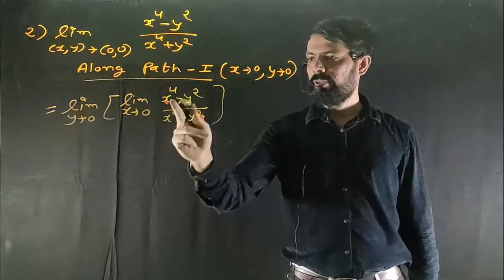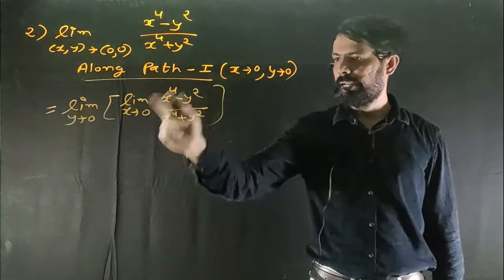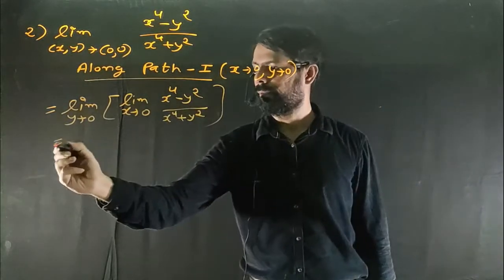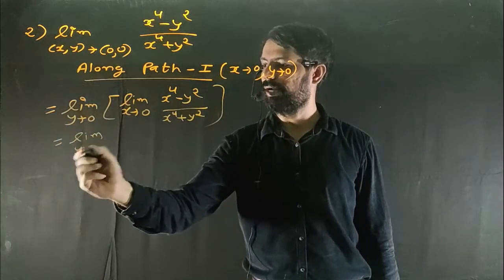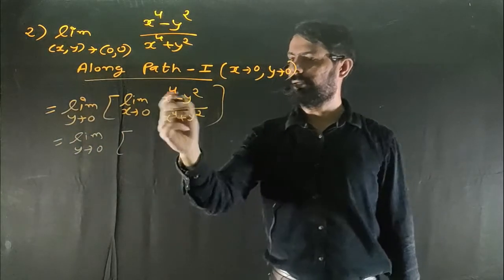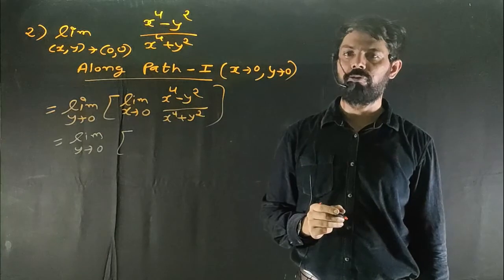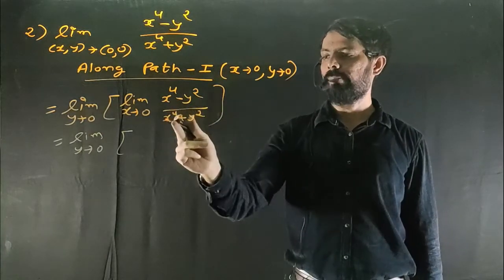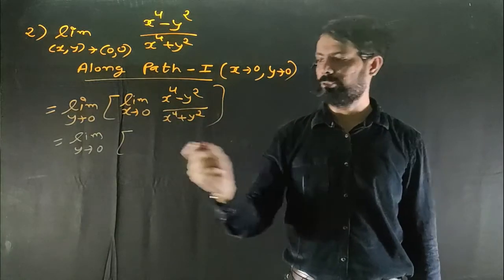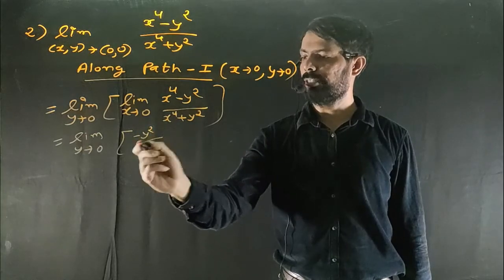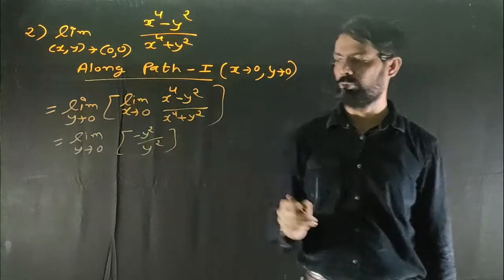If we replace x by 0 in this bracket, then it will be limit y tends to 0 of 0 minus y square divided by 0 plus y square, so minus y square divided by plus y square.